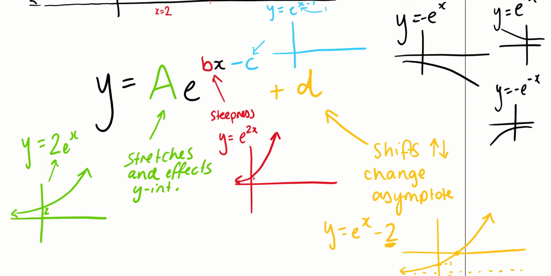So that tells me that at the x value of 1, I have e to the power of 0, which gives me an answer of 1. It's still in the form of e to the power of something, which means that it still has our asymptote along the x-axis.